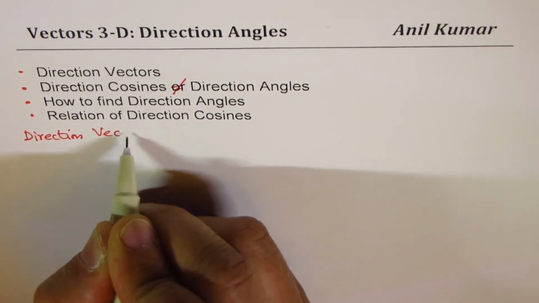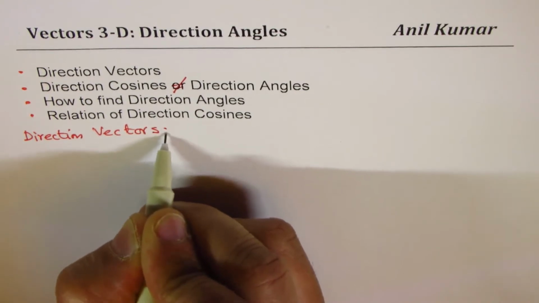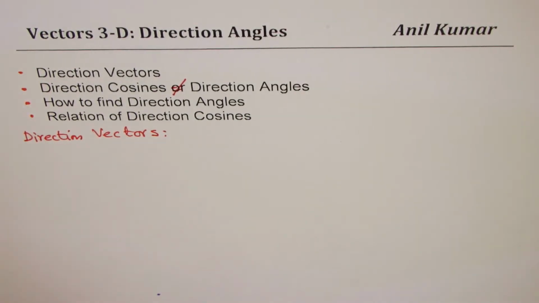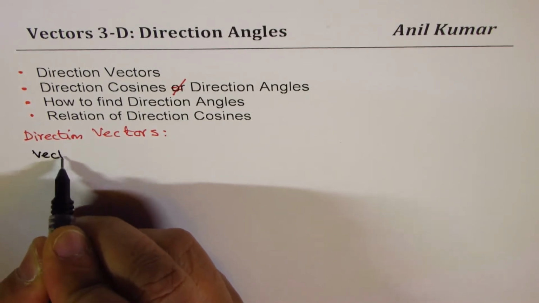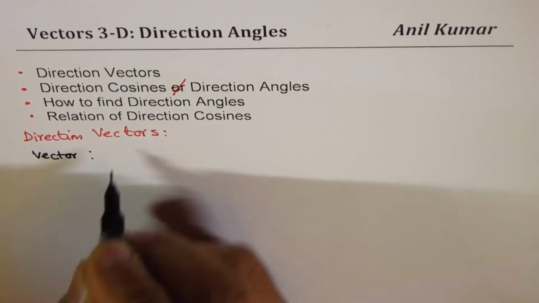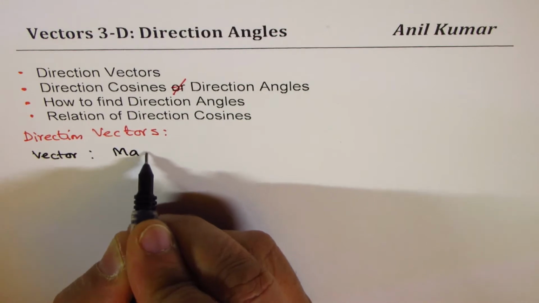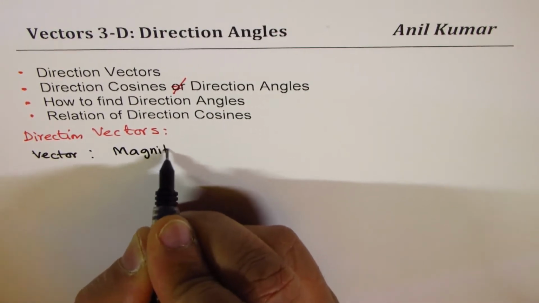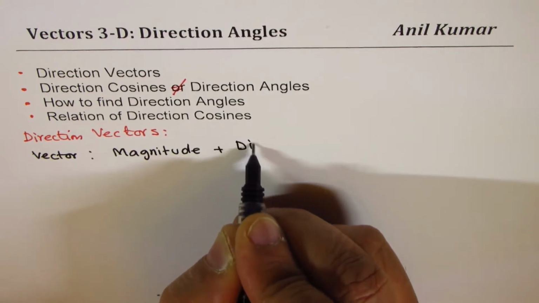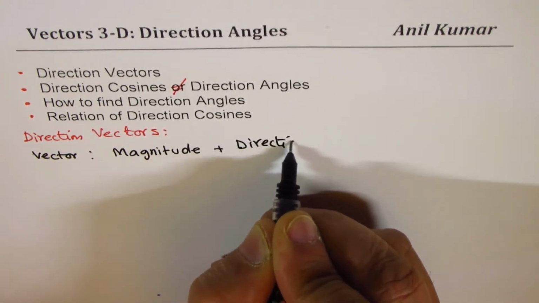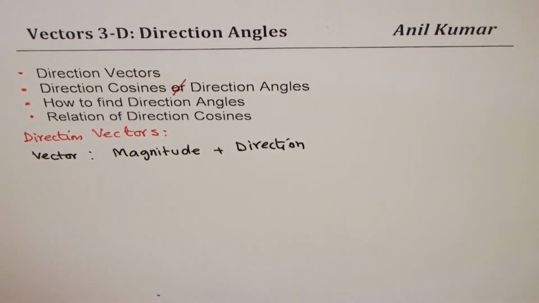So let me start from the very basics, and that is, what is a vector? Whenever I say a vector, it means two things. It has a magnitude and it has a direction, right? And that is what a vector is.